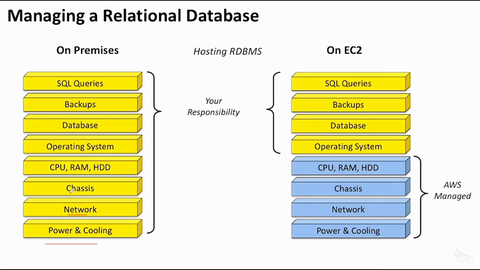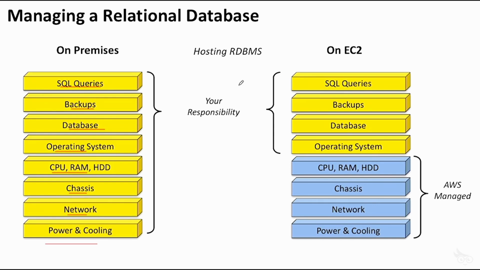We were responsible for the chassis, for maintaining CPU and memory. We were responsible for installing the operating system, the database itself, for doing backups, and then of course on top of that our SQL queries. In a traditional environment, that's a lot. It requires teams of people and it's very expensive.